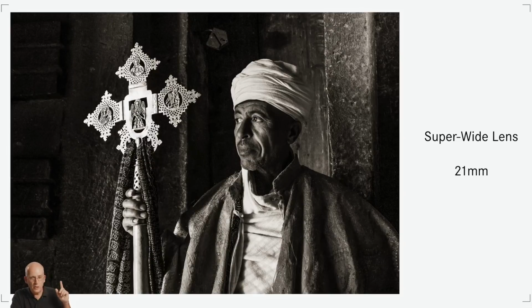This was shot on the 21 millimeter, and I think I used the 21 1.4, which I happen to have here in my hand. This is an astonishing lens. It's quite bulky, but it's actually a super wide and a fast lens as well. But this picture does not look like it was shot with a super wide lens. I hope you agree.